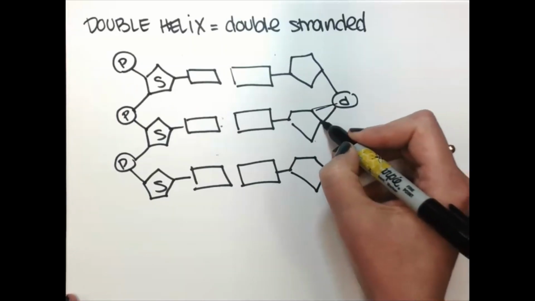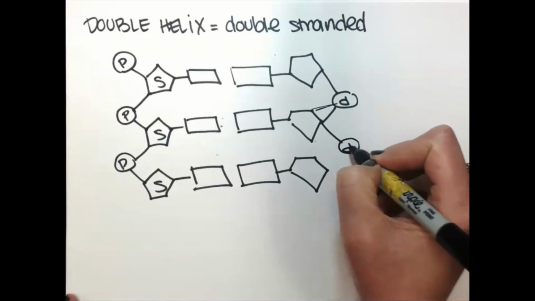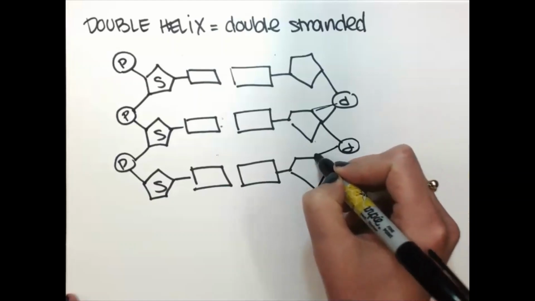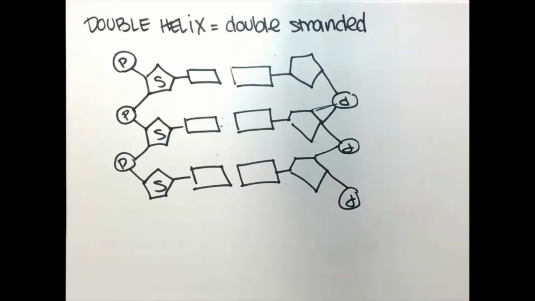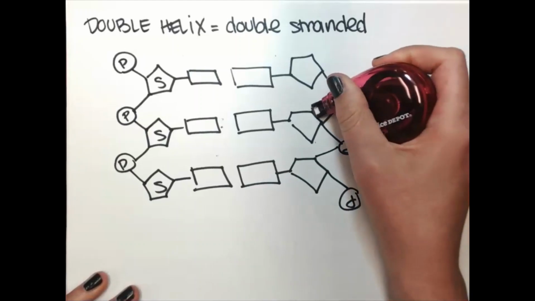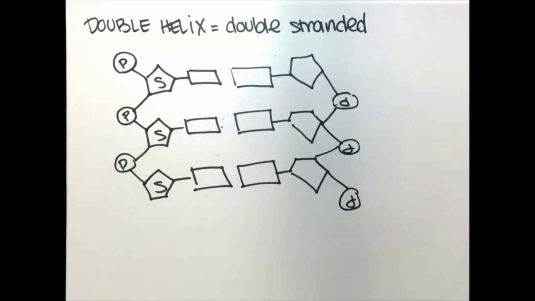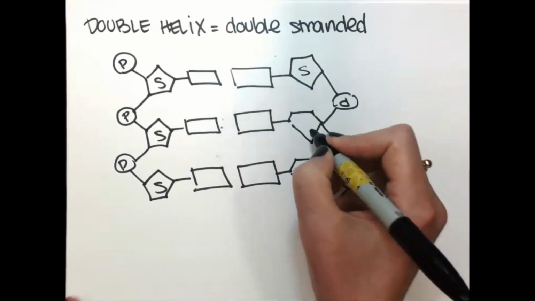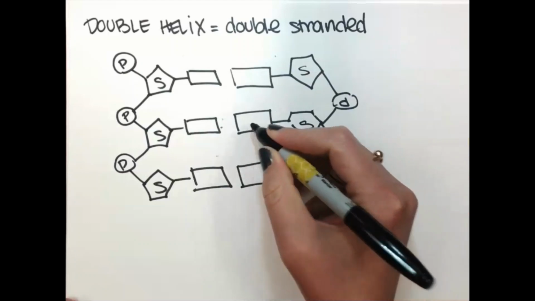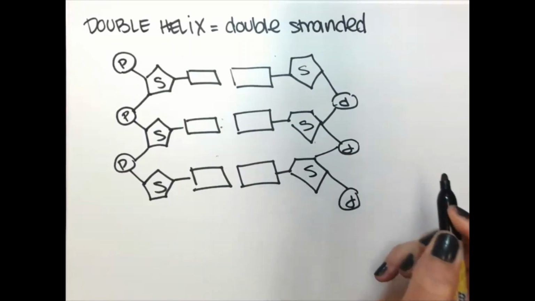Sorry, that one connects there, that one goes like this. This connects here, and then this goes like this. That's what that's for. All right. So again, I've got my sugar, phosphate, nitrogen base, sugar, phosphate, nitrogen base, sugar, phosphate, nitrogen base.